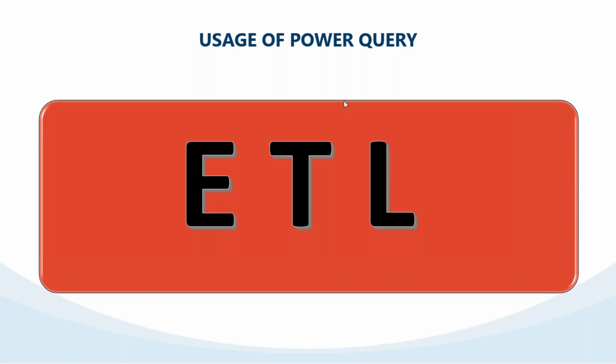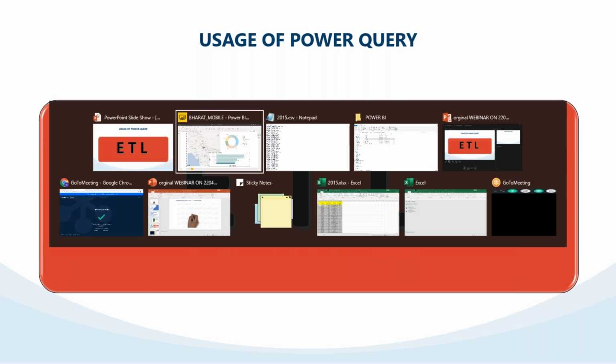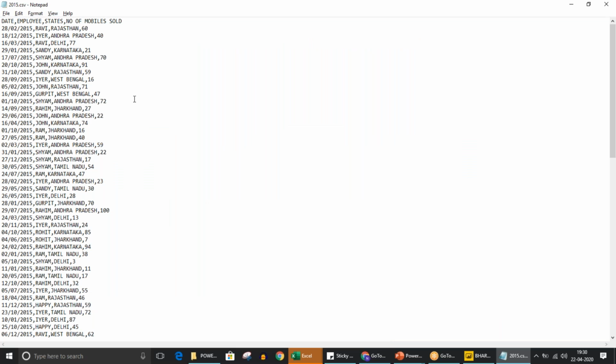I just want to know, did you all see how easy it looked? The data from a fictional company, Bharat Mobile, was in this format. It's called CSV, comma separated values, or maybe even in Excel.